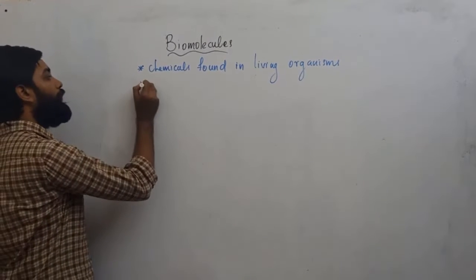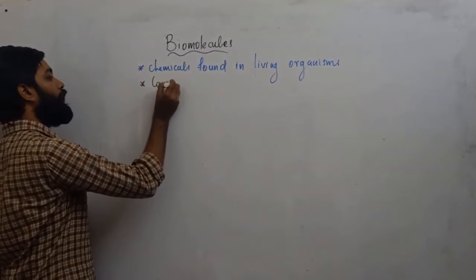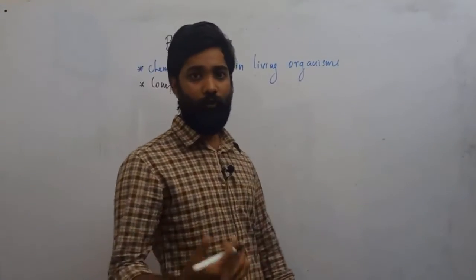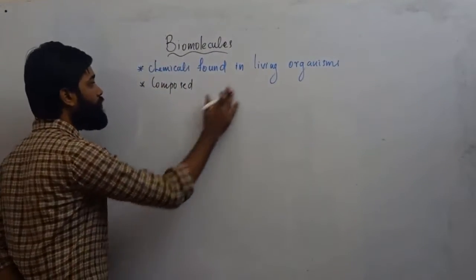Mainly, chemical means something which is formed by the combination of atoms. And what kind of atoms are present in a biomolecule?